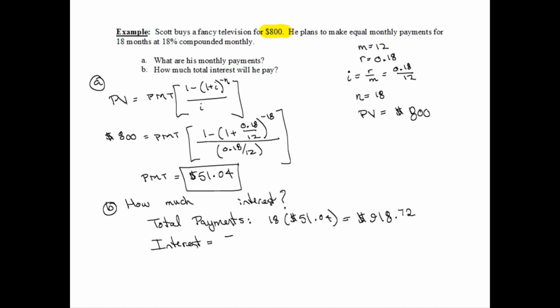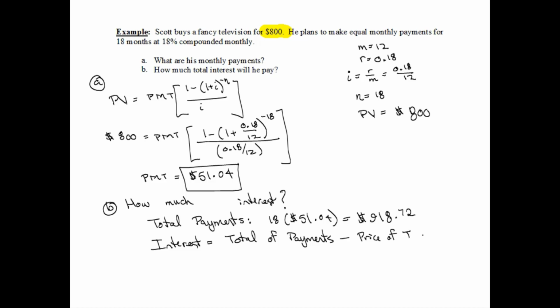So then my interest is equal to the total of the payments minus the initial price of the television, because that was what was on the price tag. You'll see it really ended up costing $918.72 if you factor in interest.